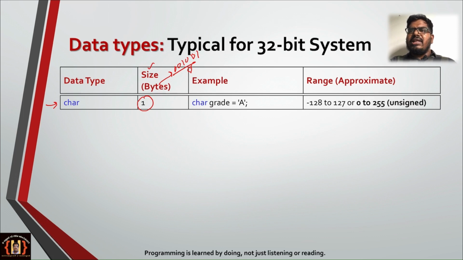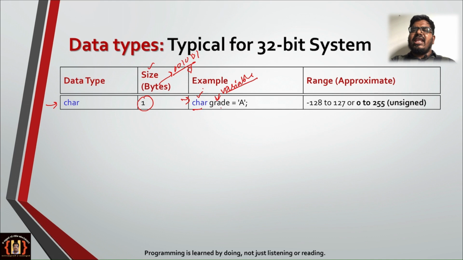An example of how you can declare a variable of type character is as follows. Here, char is a keyword that indicates the type of the data, and grade is a variable.